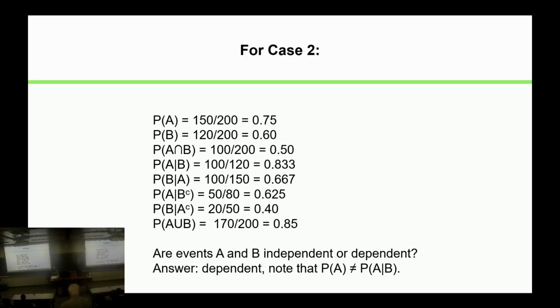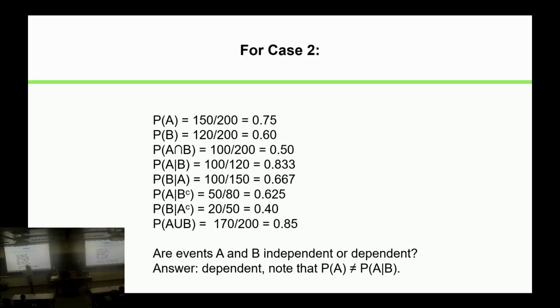Right. So we had lots of ways of testing for independence here, and any one of them is sufficient to prove independence or that they're not independent. One way: the probability of A doesn't equal the probability of A given B. We have updated the probability of A occurring given that we know that B occurred.